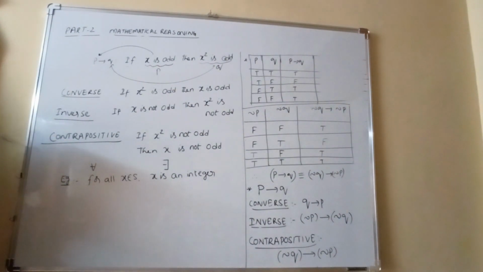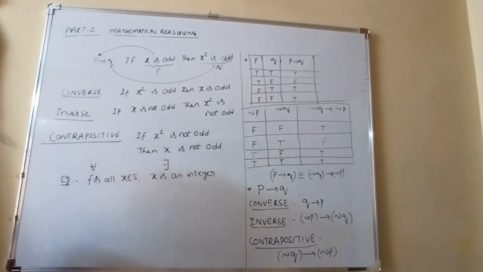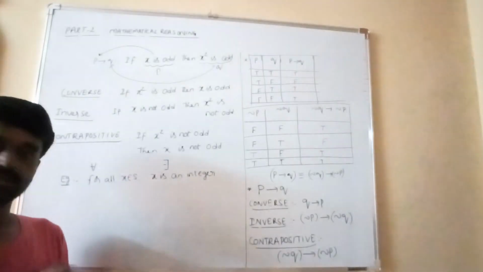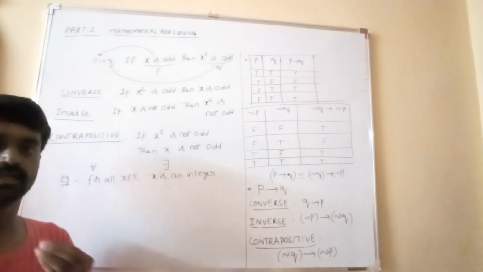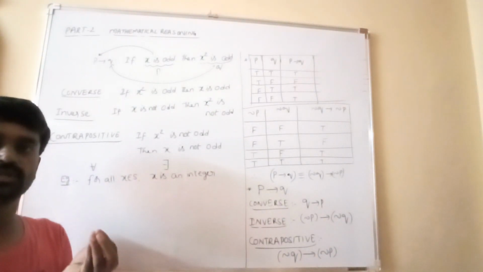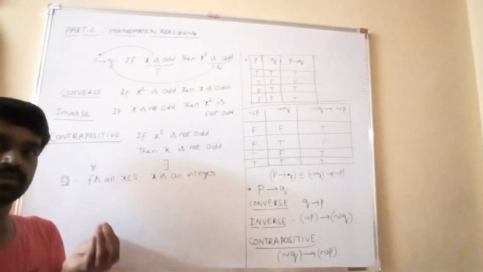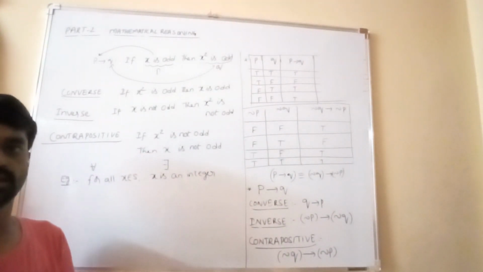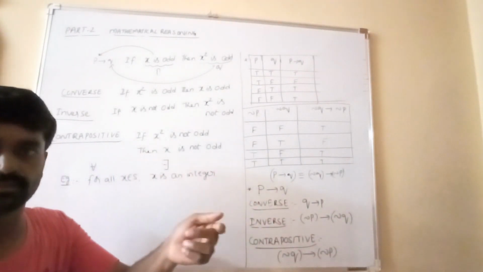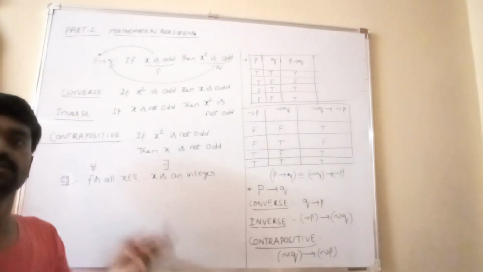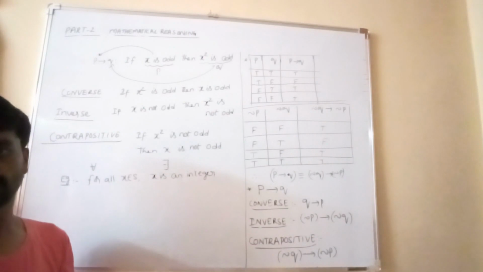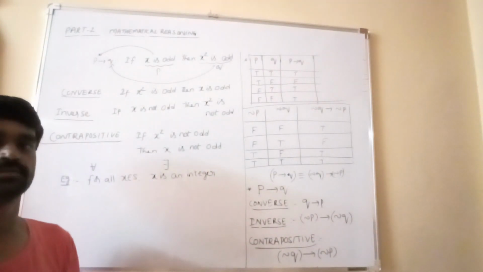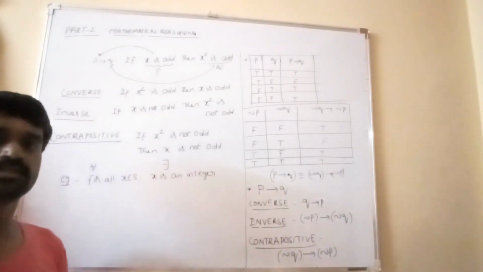Okay, I will give one more example. Suppose you consider a class, and I am selecting a student, and instead of that student I am giving some symbol, say X. So if X belongs to that class, then X is a girl. That means that class contains all girls. Then what is its negation?